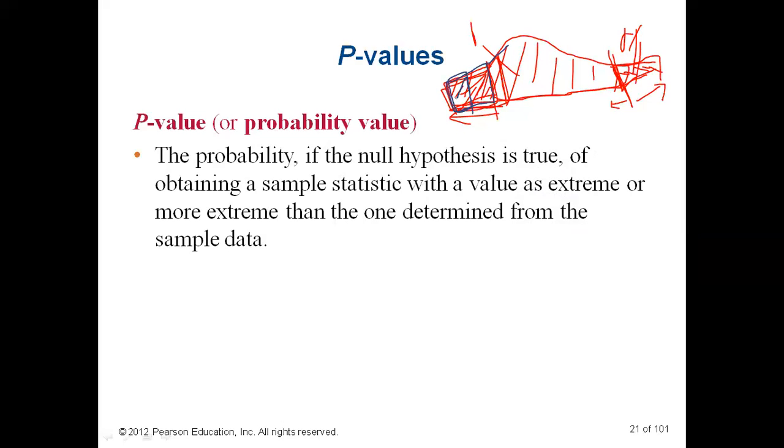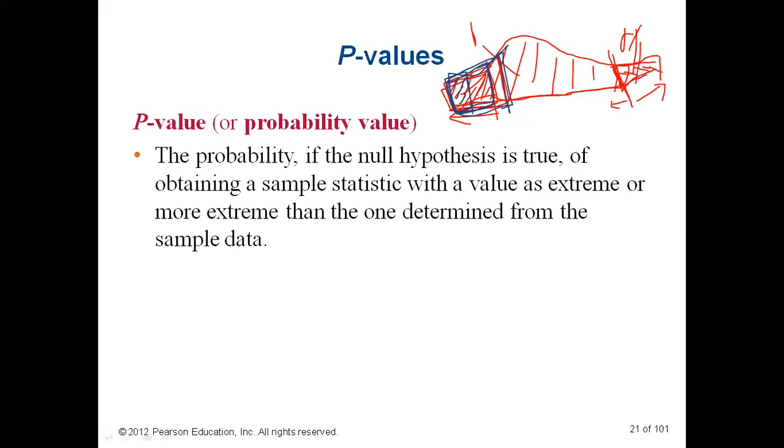So if your p value, that is, probability value, is less than your significance level alpha, which is this whole area, the area of the rejection region, then your null hypothesis will be rejected. If the p value is greater than the significance level, then the null hypothesis will be accepted.